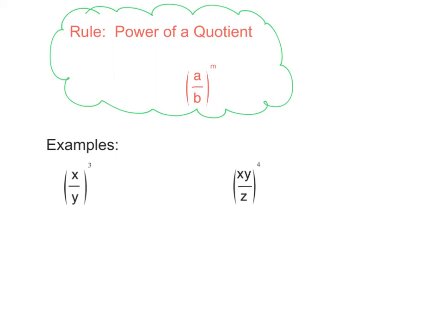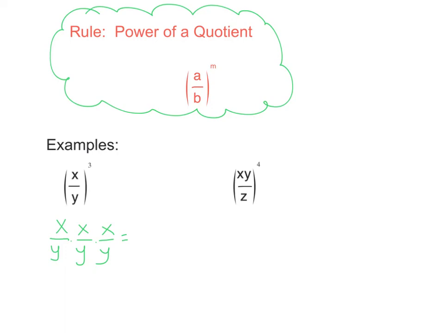All right, let's go ahead and look at this first example down here again. x over y raised to the third power. Now what does x over y to the third power mean? It means multiply x over y times itself 3 times. And then if we multiply fractions, we multiply straight across.